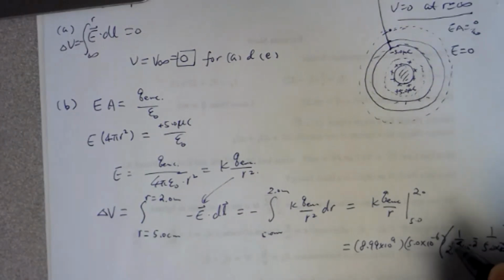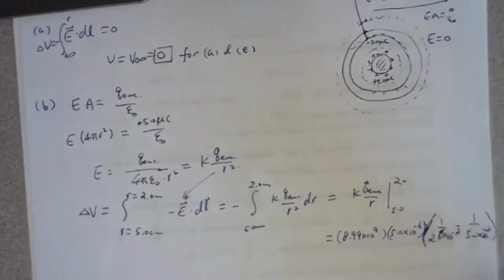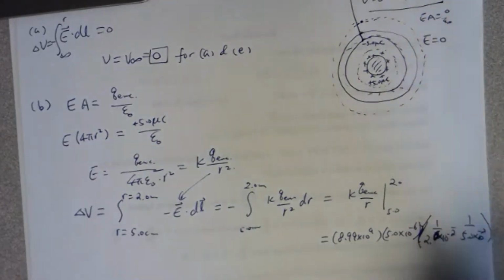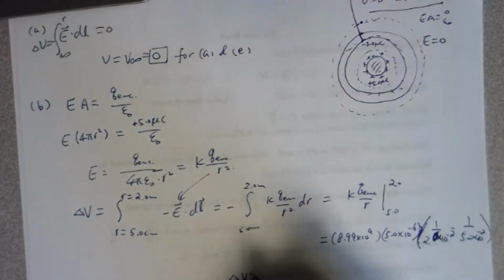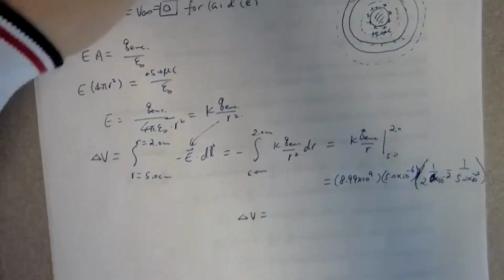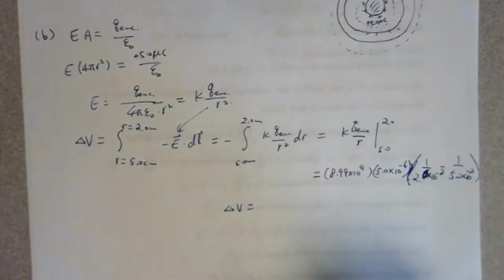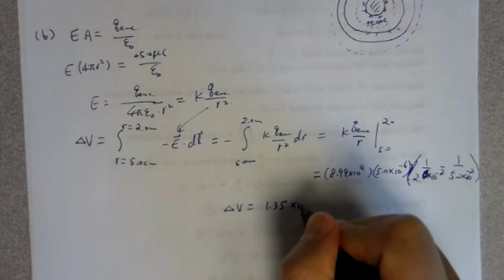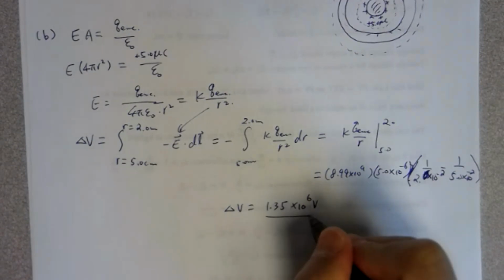Okay, and then do that. So this gives you delta V, the change in potential from 5 to 2, to be equal to about 1.35 times 10 to the 6 volts.